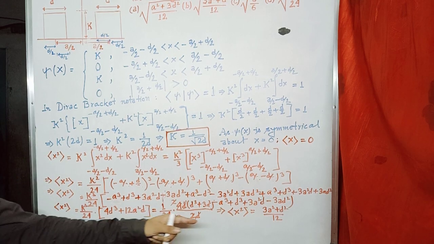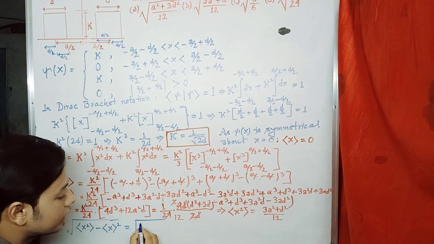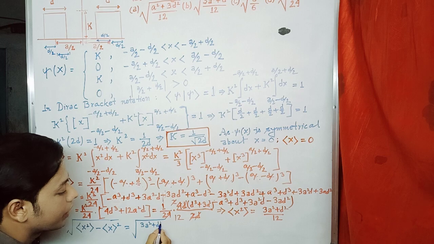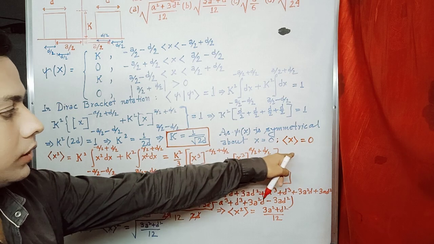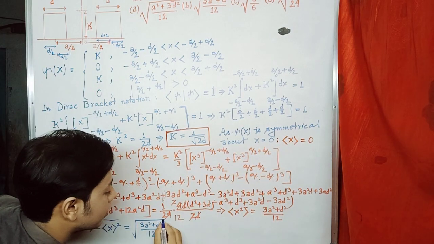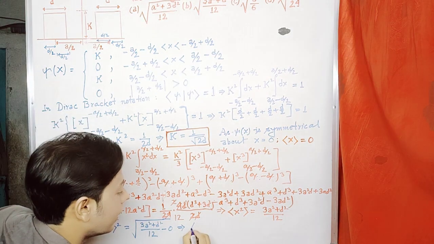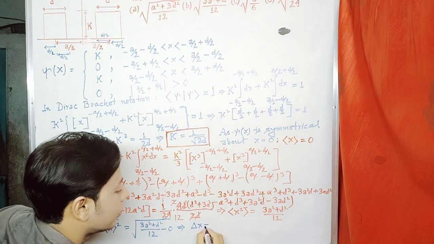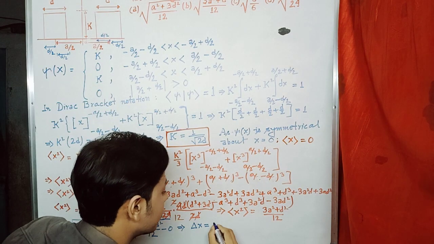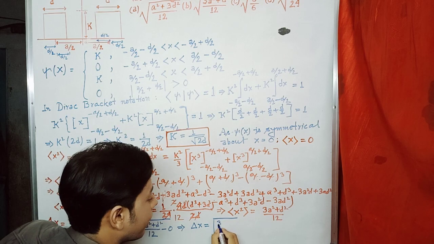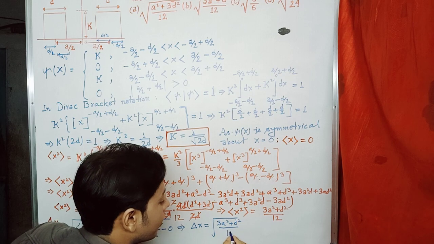Now as we know, the mean value of x square is 3a square plus d square divided by 12, and the mean value of x is equal to 0. Therefore we can write del x, the position uncertainty, will be equal to under root 3a square plus d square divided by 12.